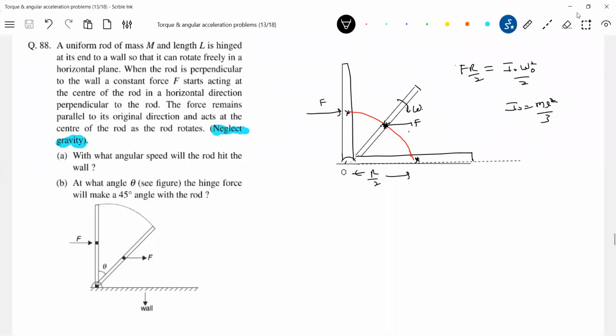Now what direction should the hinge forces be shown in? Second part of the problem, I'm coming to the second part. How to take the hinge forces. Any direction.